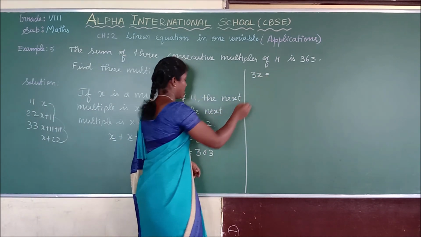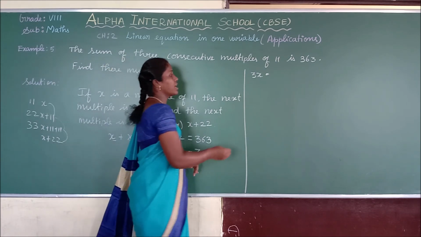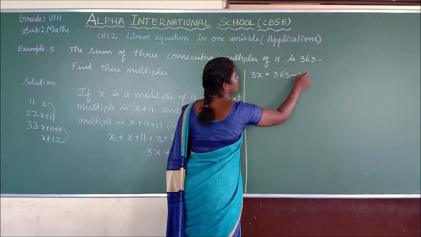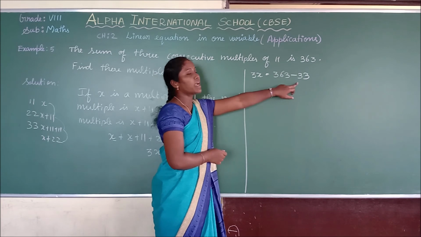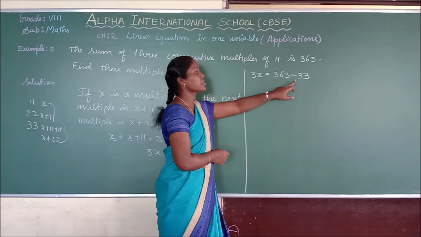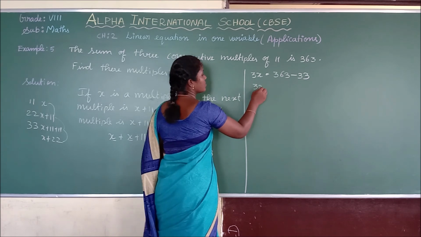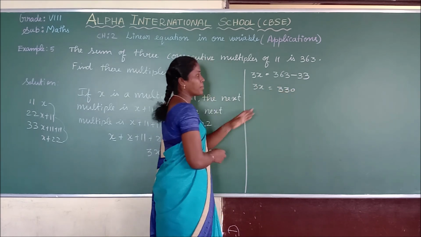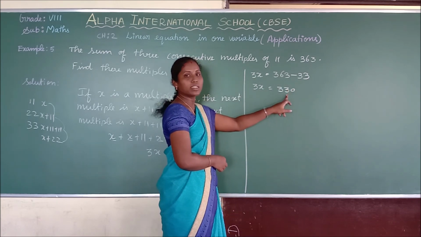Take 33 to the other side of the equation. It moves to the other side as minus 33. Have to subtract 33 from 363. What is the value? 3x is equal to 330. If you are subtracting 33 from 363, the value is 330.